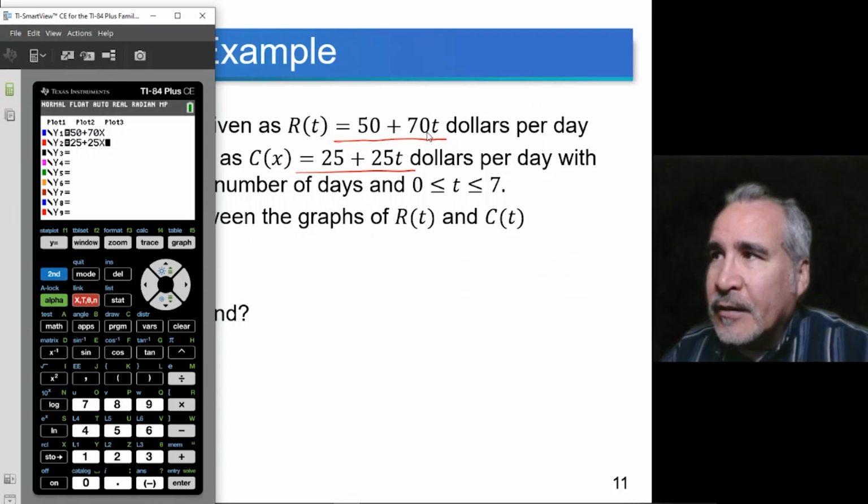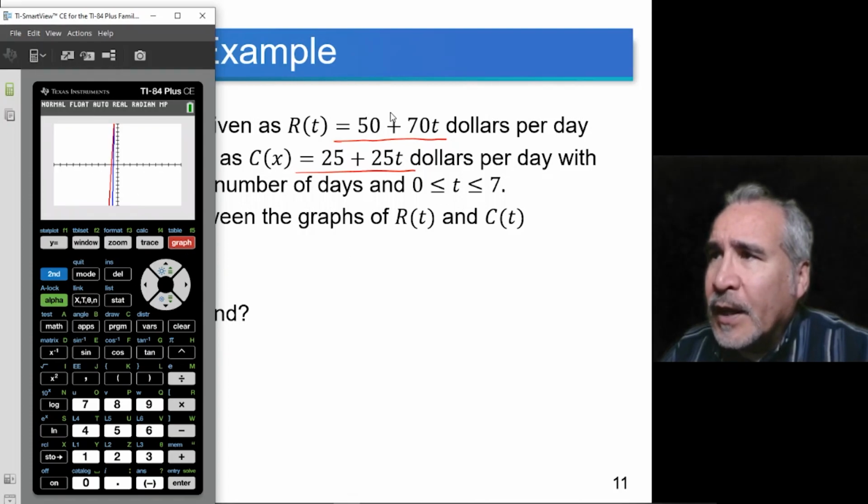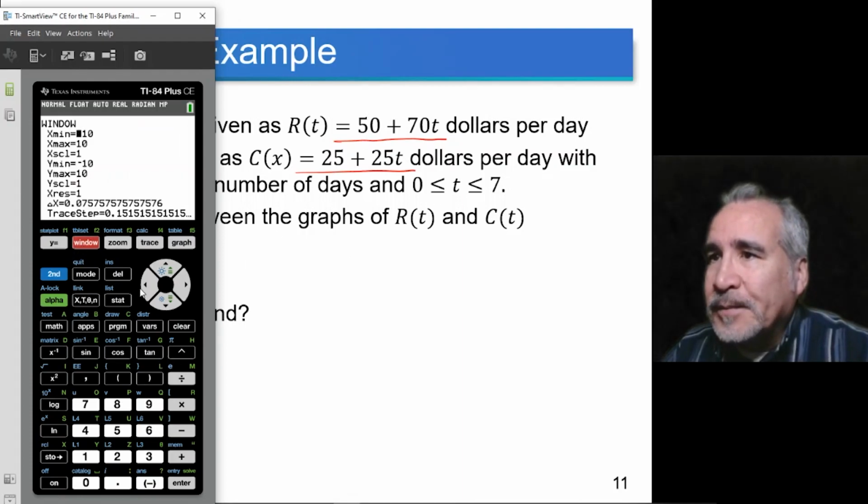We can see this starts above, right? Y-intercept 50 over 25. It's increasing faster, so we can be pretty sure, but we get this weird graph. Why? Because the y-intercepts are 50 and 25. So what we need to do is set our window. That negative 10's fine.